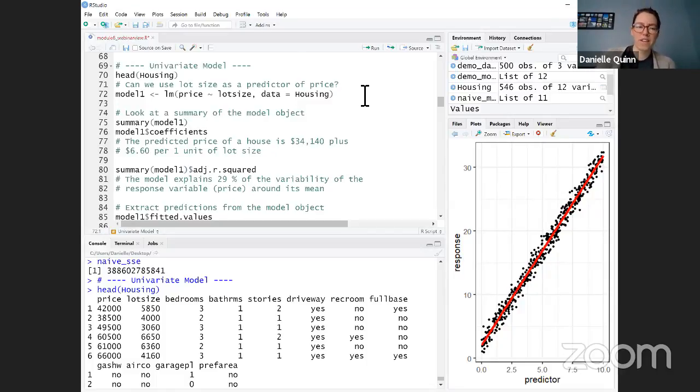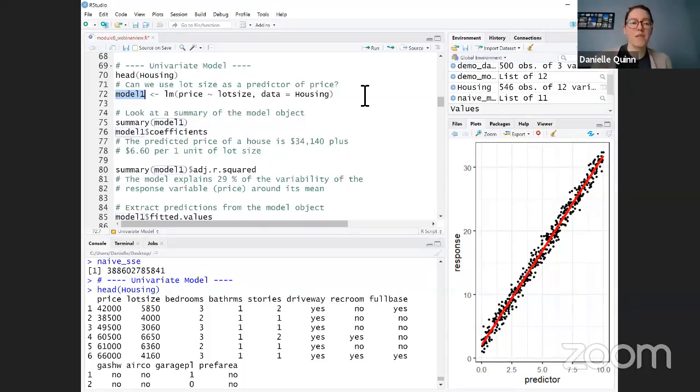We'll call it Model 1. Something that's really important is there are two ways of thinking about how you name models. I tend to start with my naive model being called Model 0. Then as I try different models, these will be Model 1, Model 2, and I'll have a notebook where I write down the list of predictors used in each.